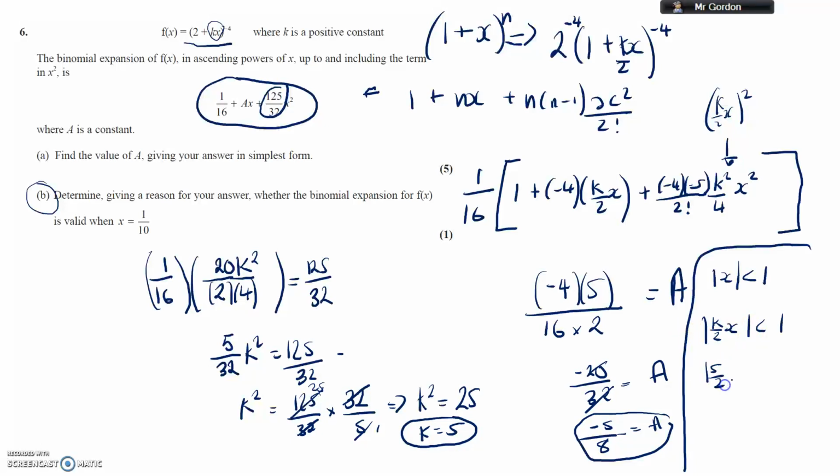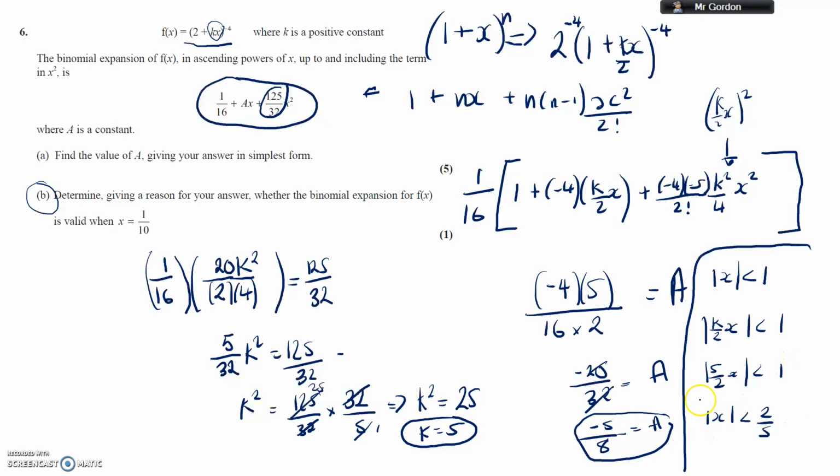So 5 over 2x is less than 1. So if I multiply or rearrange to get x, okay? Rearrange to get x, so we just need to times by 2 and divide by 5. And that's obviously going to give us 2 over 5.